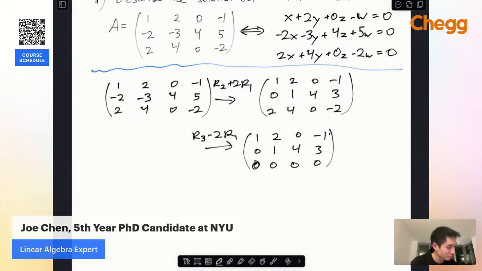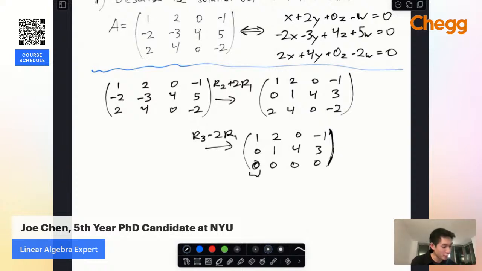Actually, maybe before that, does anyone know how many free variables there are now based off this matrix? If you know, you can type in the chat. If you got the answer 2, then that is correct.